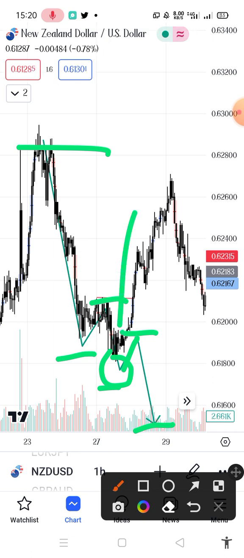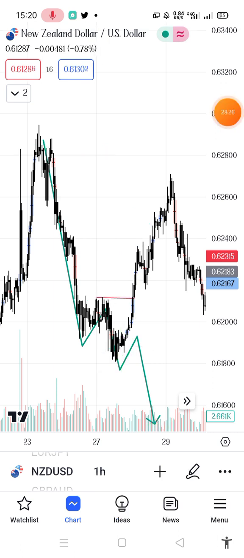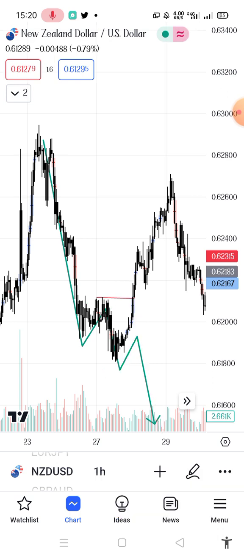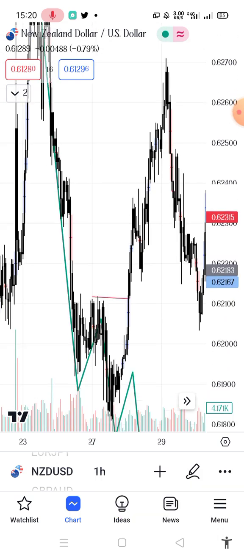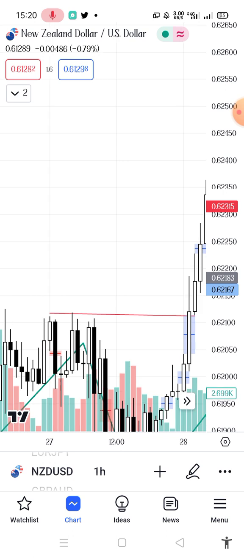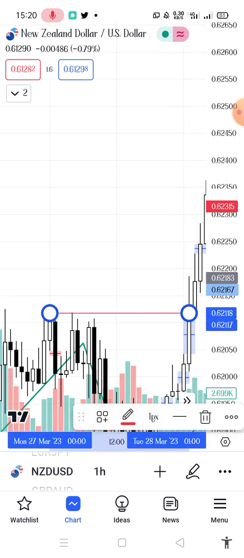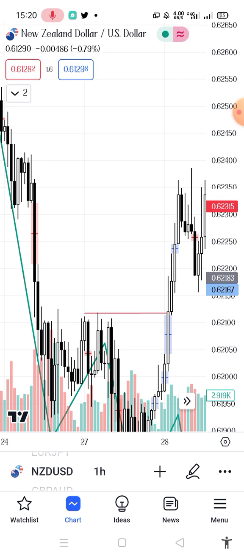It's called a change of character. It was meant to go like this: lower low, lower high, then keep coming down. It might get up to this place, but it shouldn't break this lower high. Now it broke it. This red line, you will draw the red line on it, touching this bullish candle, this white candle. Remember, what do I call this? I call this change of character.